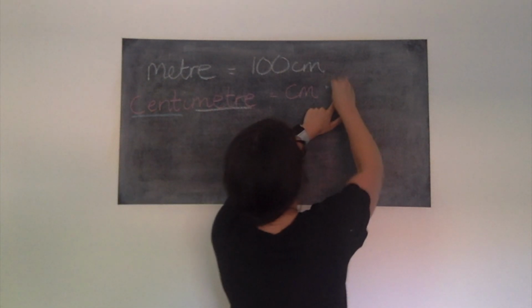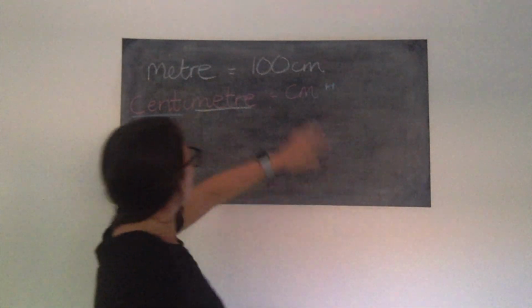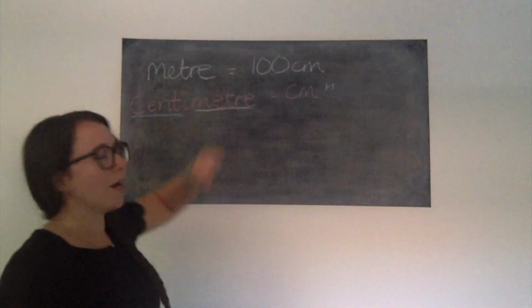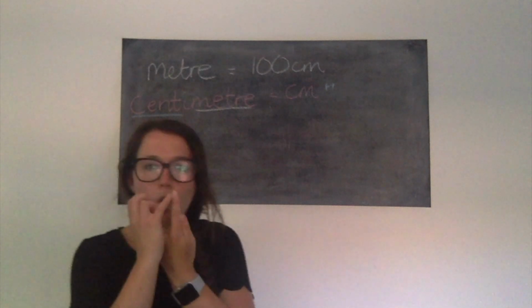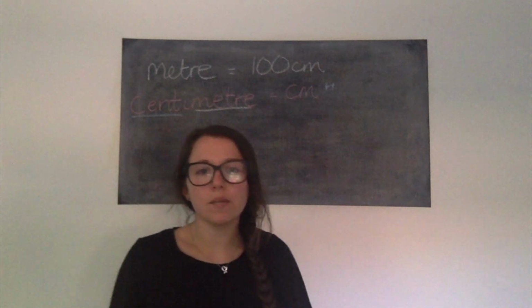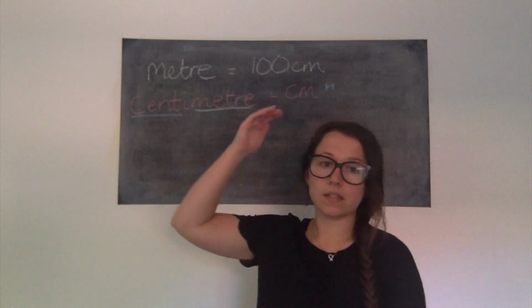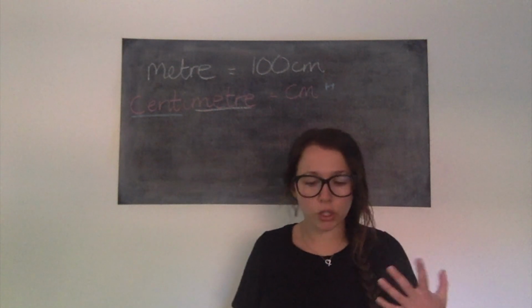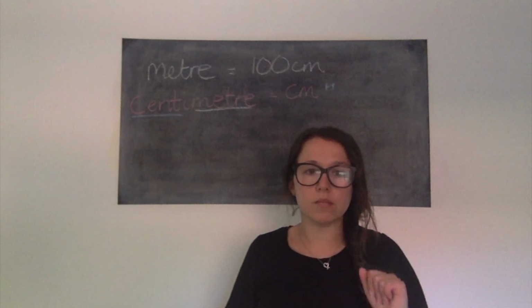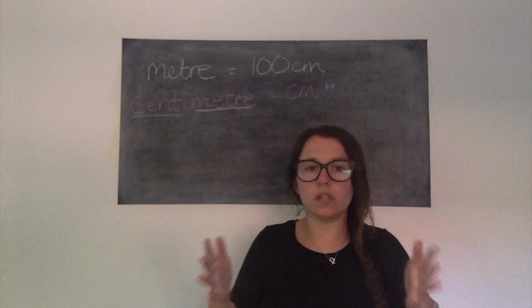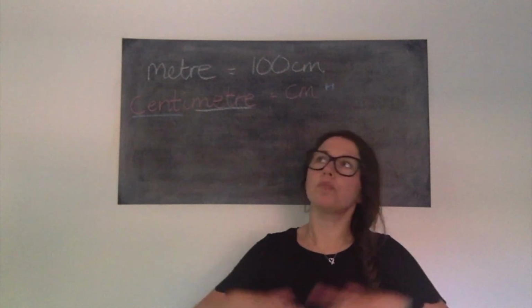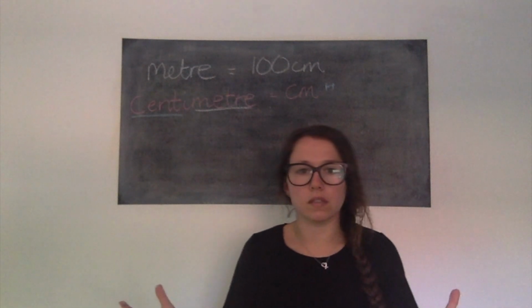They're 100 times smaller than a metre, and there's 100 of them in our metre. It's roughly that wide. Okay, so let's think about some things that we might measure in centimetres. We could do our height in centimetres. We could measure the width of a book in centimetres, or something quite small. Okay, much bigger things we're going to be thinking about in metres.